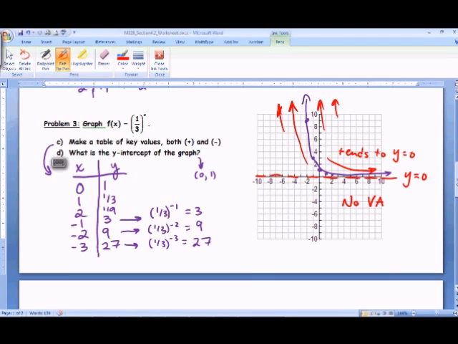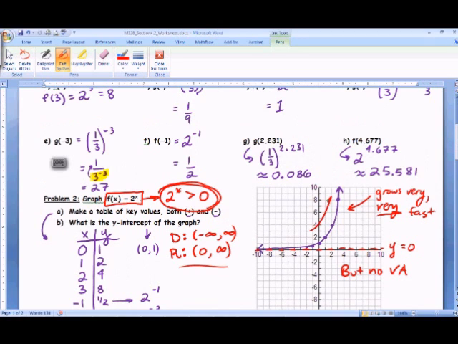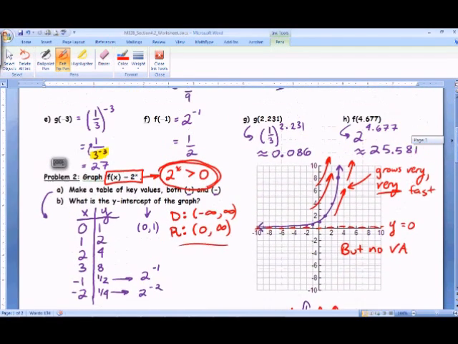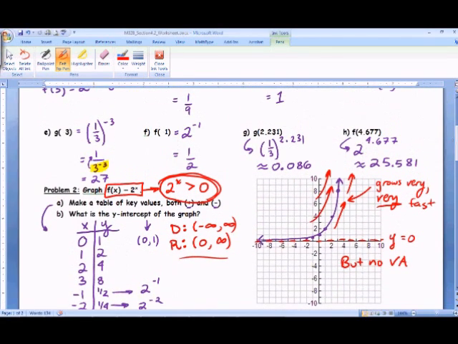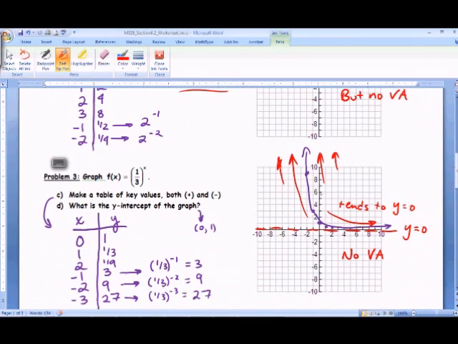And that's in contrast to the one we just did, where the growth is occurring to the right. So if you want to compare and contrast problem 2 to problem 3, problem 2 grows very quickly as x grows, and problem 3 tends to 0 very, very quickly as x grows. As you tend to the right, this is tending to y = 0 very, very fast.